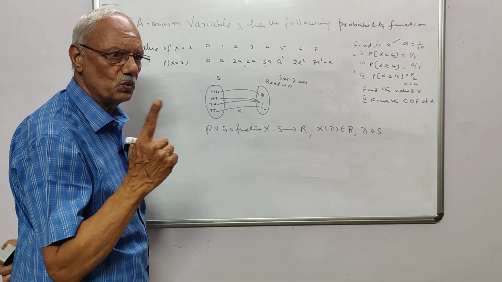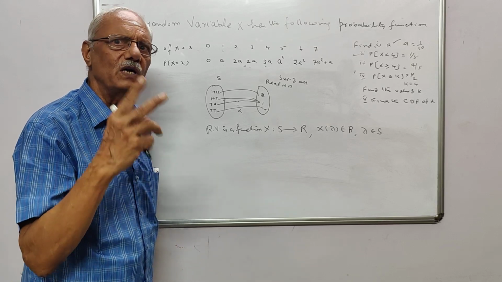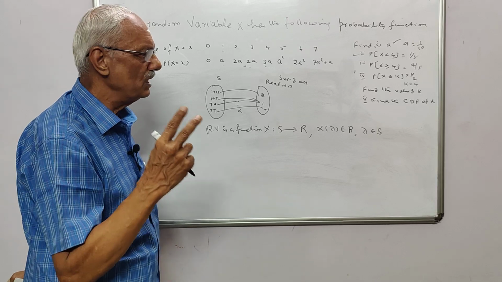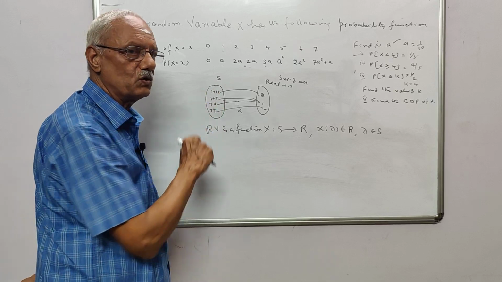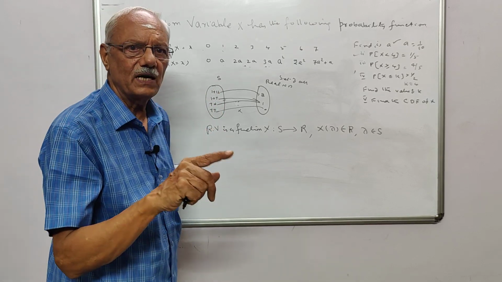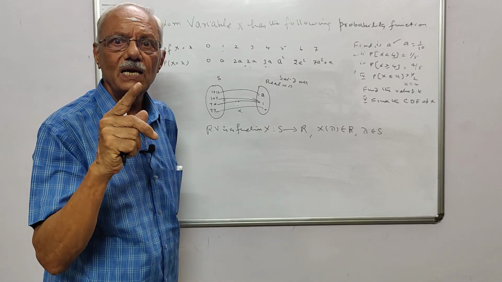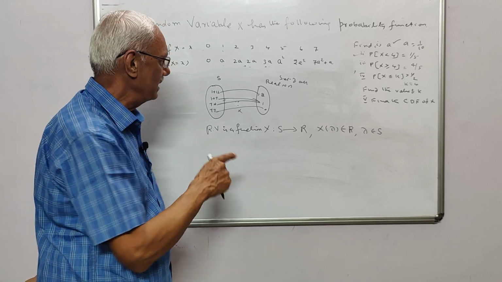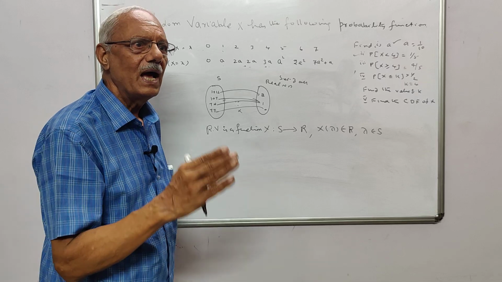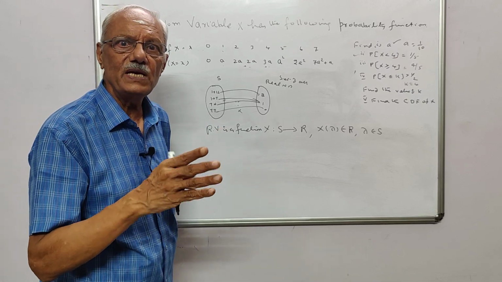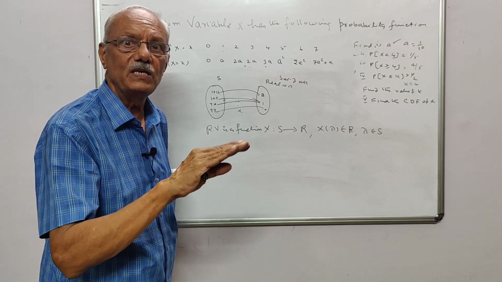I tossed a coin twice, or 2 coins are tossed, no problem in that. When both the coins turn up head, then you get 2 heads. And if one is head and the other is tail, or the first one is tail and another head, again it results in only one head coming. And if both are tail, it means that no heads come. So I represent the various outcomes in a distribution, that is a probability distribution table.